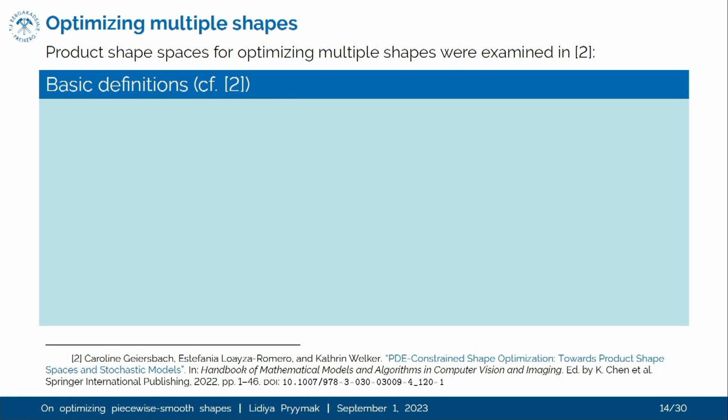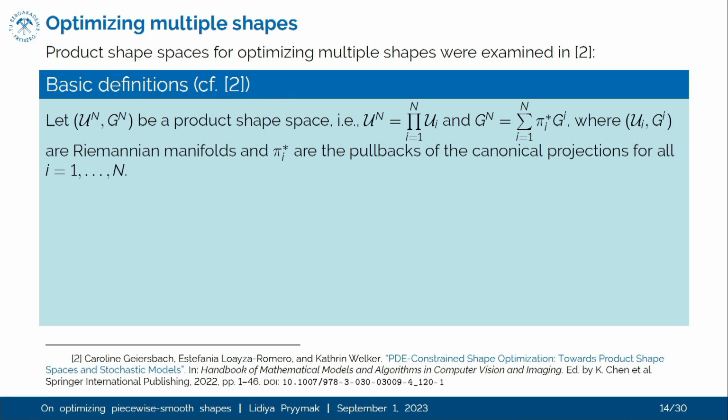Well, here I refer to the paper PDE constrained shape optimization towards product shape spaces and stochastic models by my supervisor and other authors. And from this I want to give here some basic definitions, which we will refer to later on. Okay, we have a product shape space, which means that we have a manifold U^N, which is a product of n manifolds, and we have our product metric G, defined by the pullbacks of the canonical projections as usual.